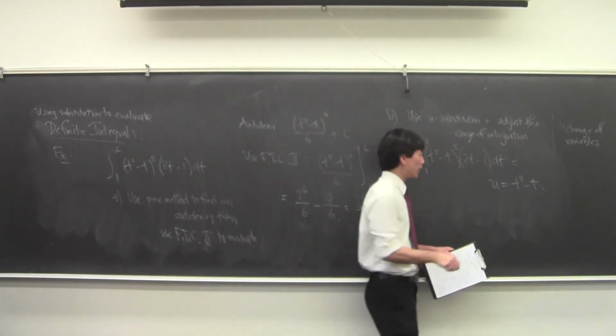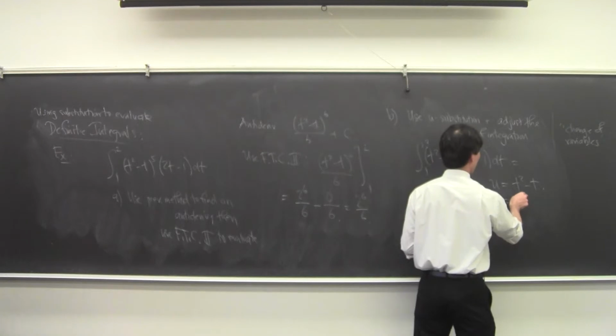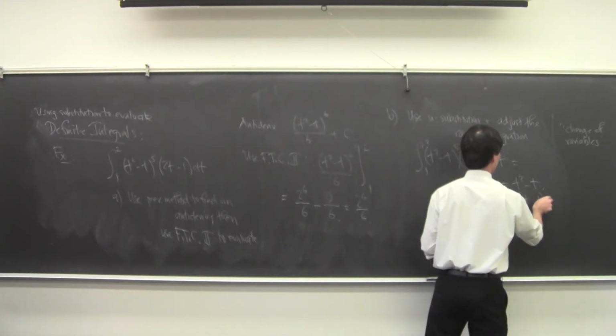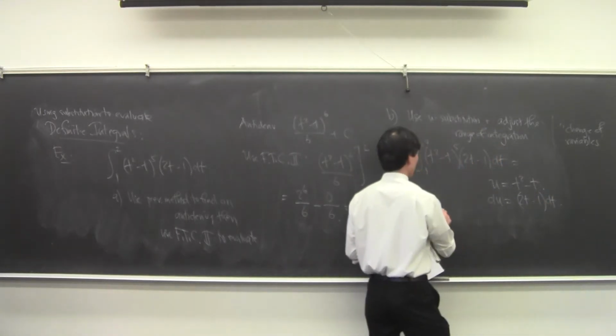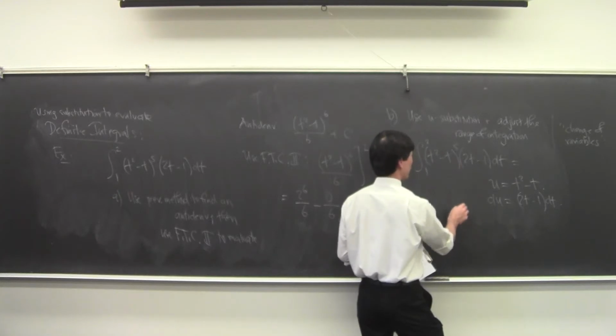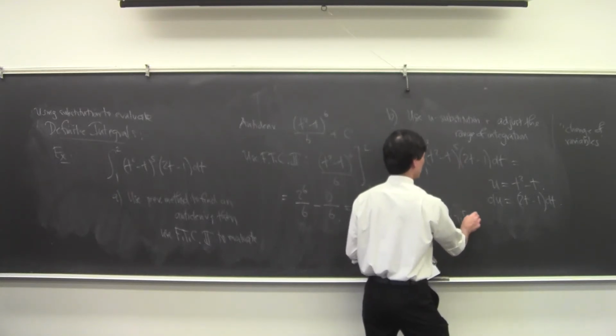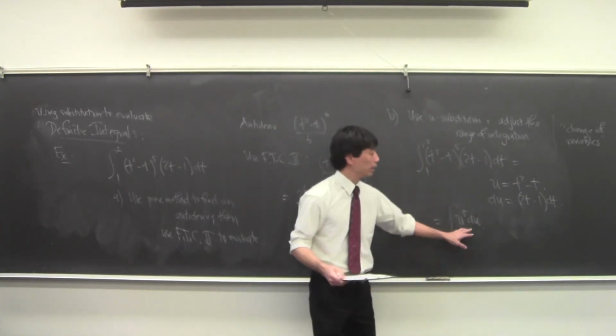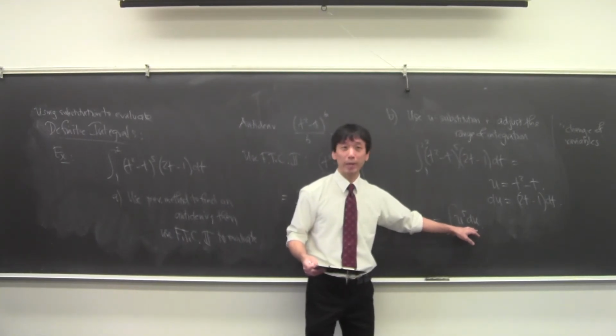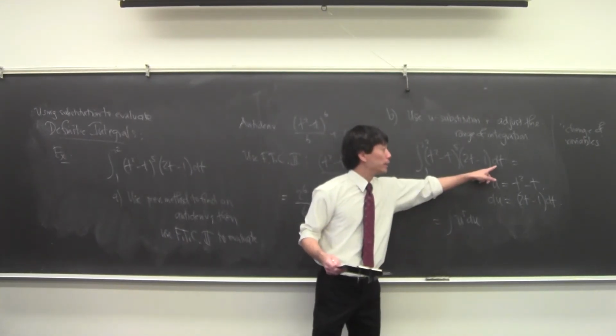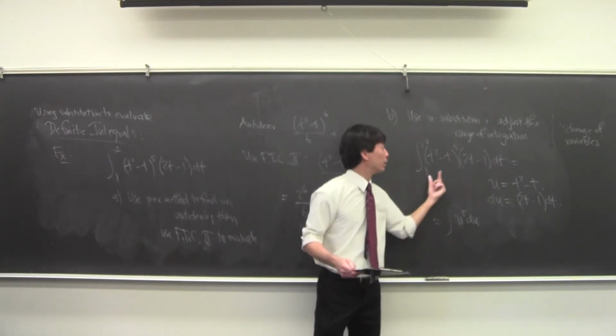My du is (2t minus 1) dt, right? And so I rewrite the thing as u to the 5th du, but I have to adjust my range of integration. Originally, I'm integrating over t as t goes from 1 to 2.